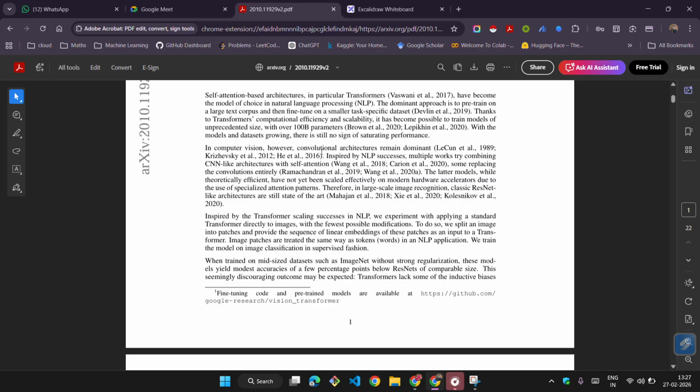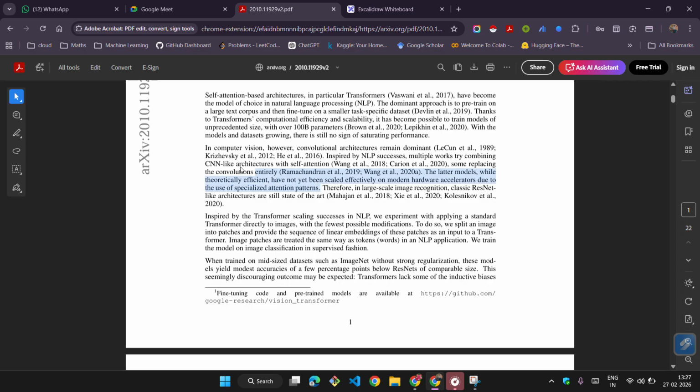In computer vision, however, convolutional architectures remain dominant. Inspired by NLP successes, multiple works are trying self-attention, some replacing the convolution entirely. The latter models, while theoretically efficient, have not yet been scaled effectively on modern hardware accelerators due to the use of specialized attention patterns.